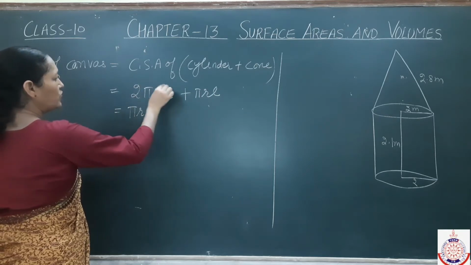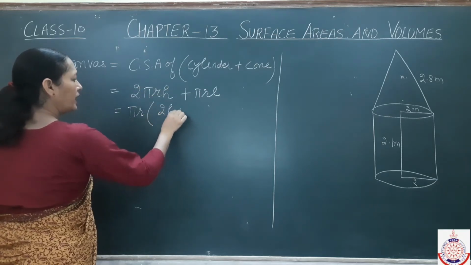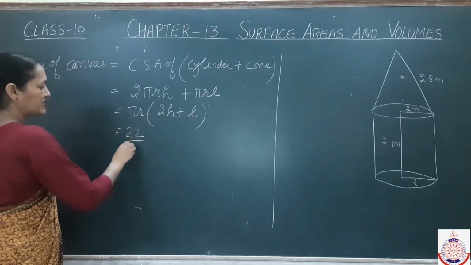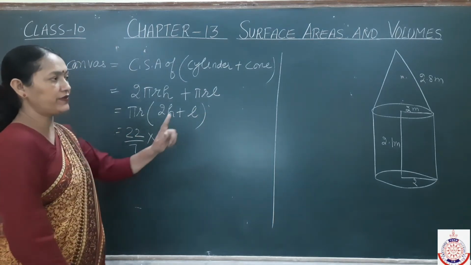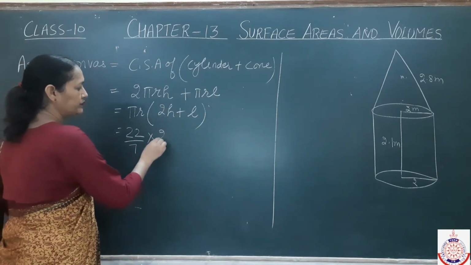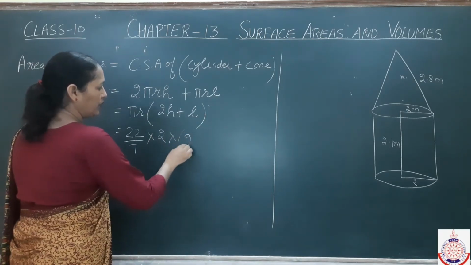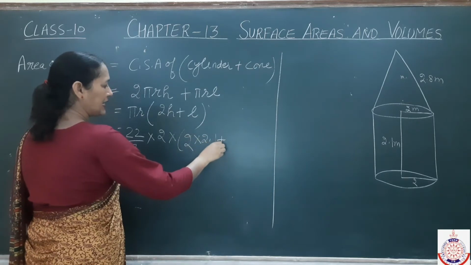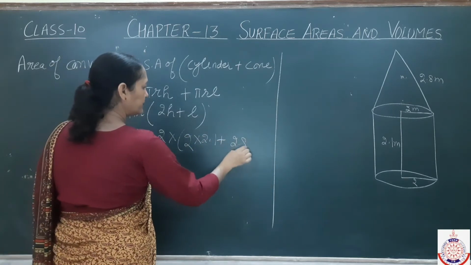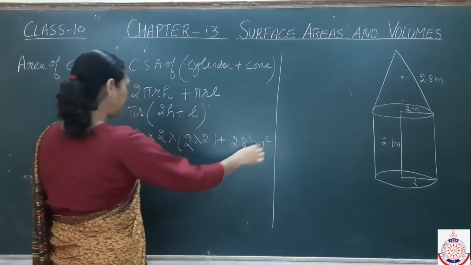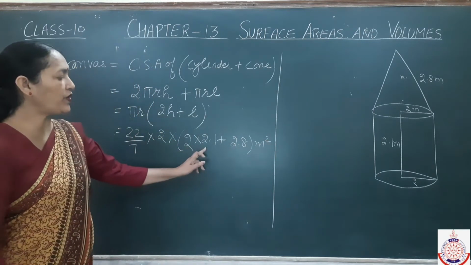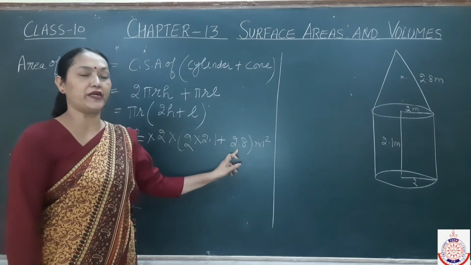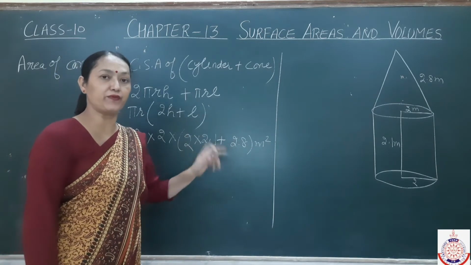We will be left with 2H and L. Now pi means 22 by 7, R is given to be 2, height is 2.1 and slant height is 2.8 meter. 2 into 2.1 will be 4.2. 4.2 and 2.8, after addition, will give us 7.0.